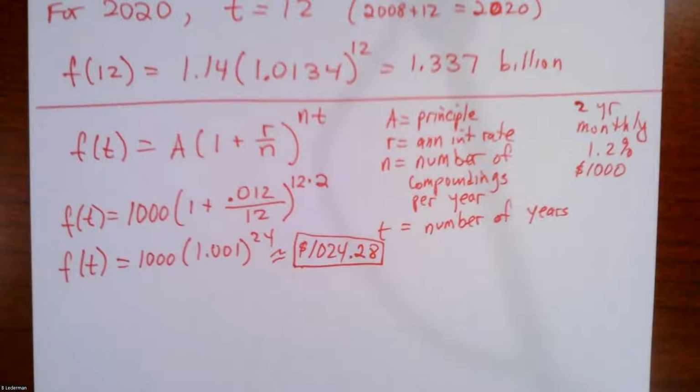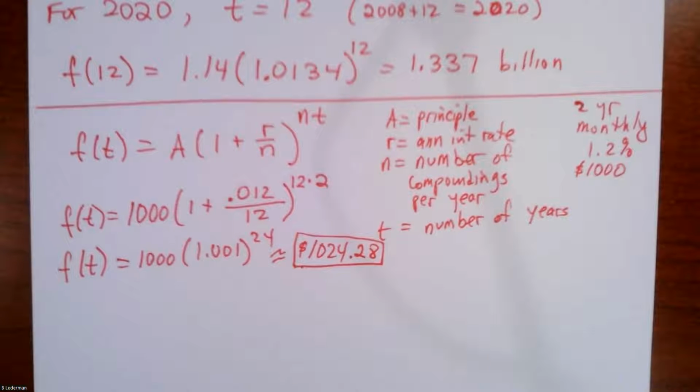Now that doesn't seem like a tremendous amount. You spend 2 years and all you get is $24, but the truth is 1% interest is a pretty low interest rate, so it's not bad. Now, by the way, the compounding makes it more.